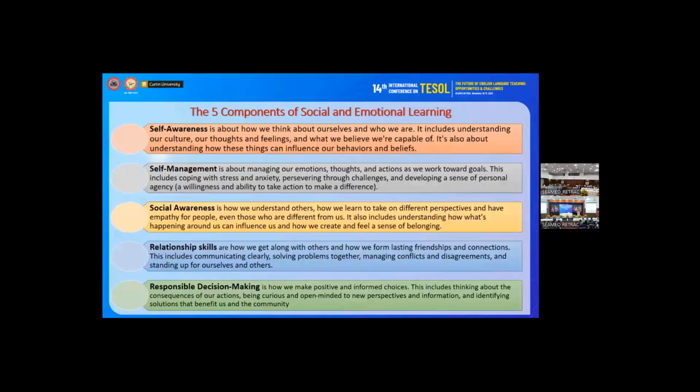It's how we get along with others and form lasting friendships and connections. And then responsible decision-making is how we make positive and informed choices. These 5 components of social and emotional learning are what we want to instill in our students.